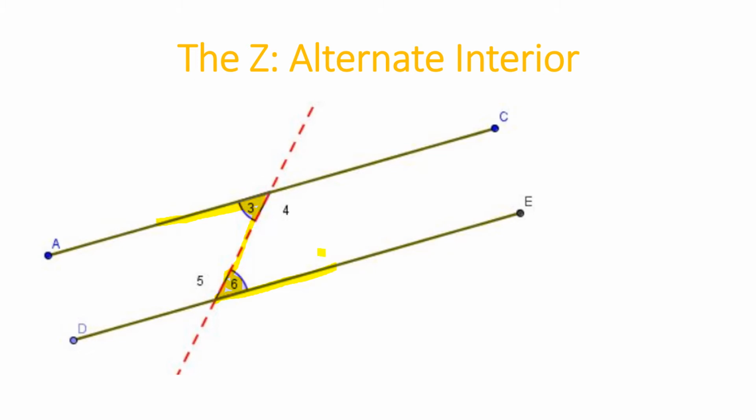It would push the 4 and 5 out of the way. So angle 3 and angle 6 are called alternate interior angles. Now also, 4 and 5 are alternate interior as well.